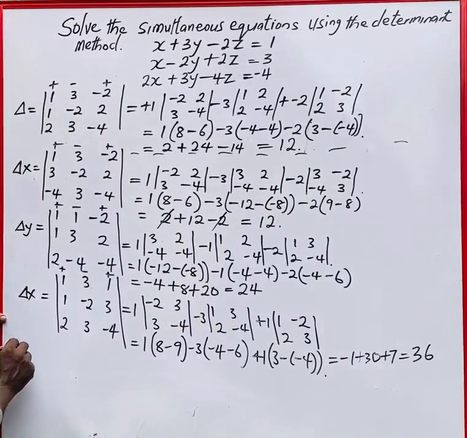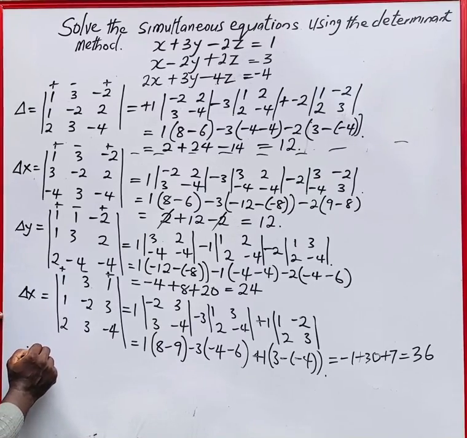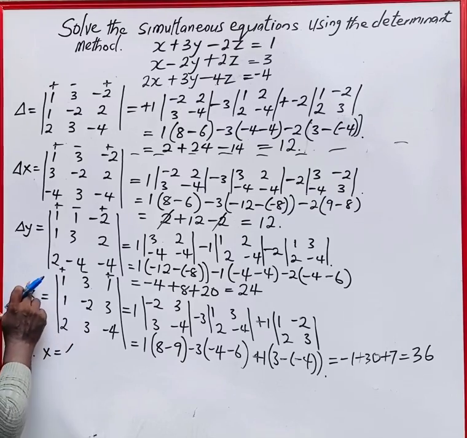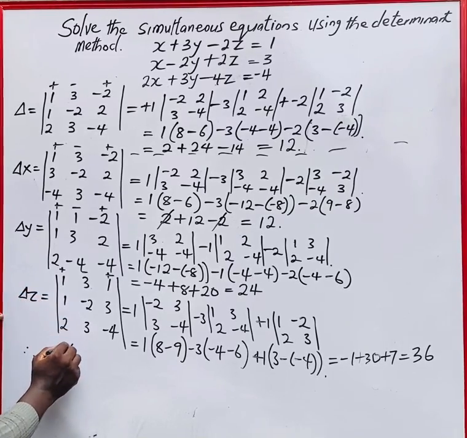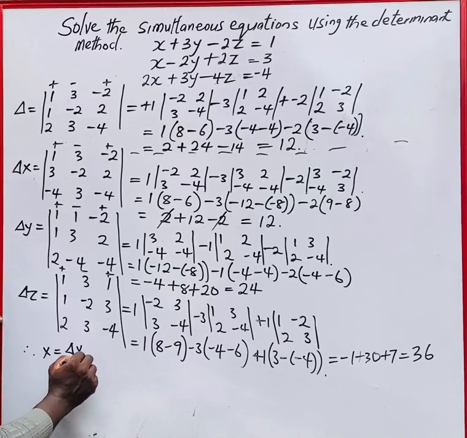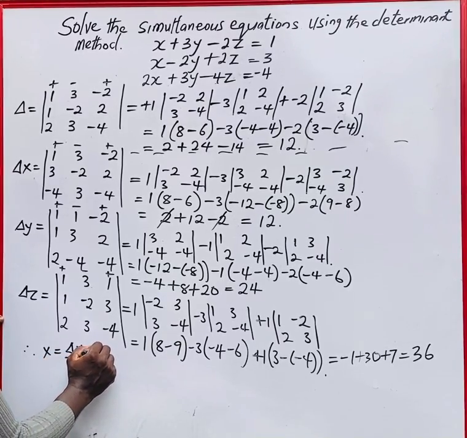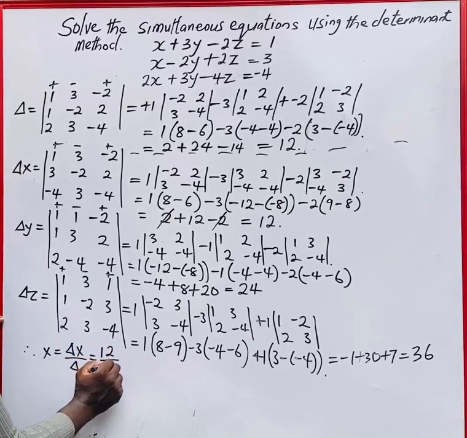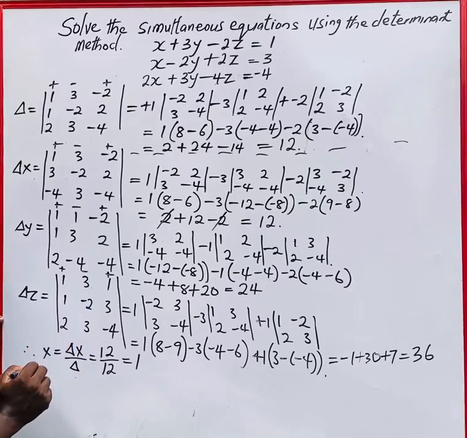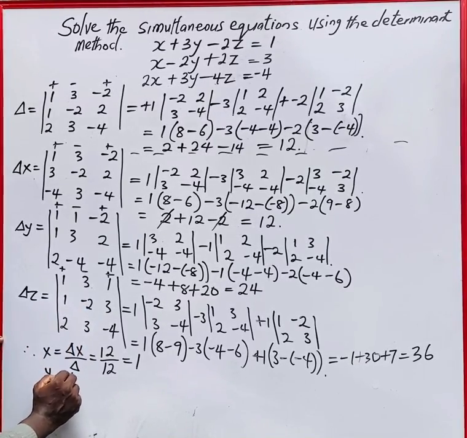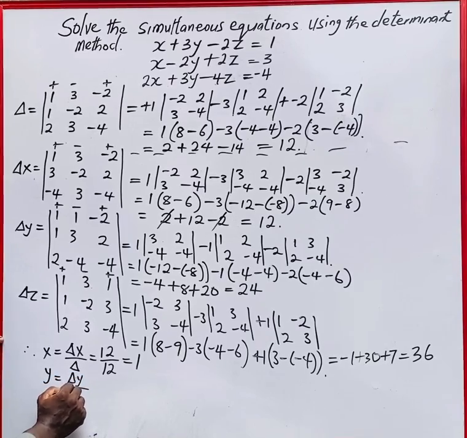So therefore, to get the value of x, x is simply the change in x over the change, which is 12. 12 divided by 12. So the value of x is 1. So we'll go for the next one, which is y. Change in y over change.